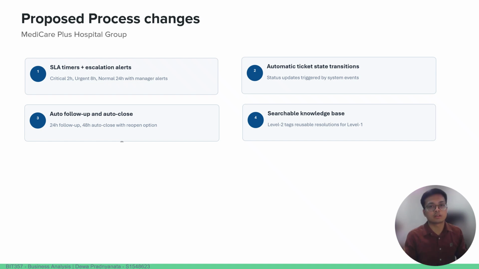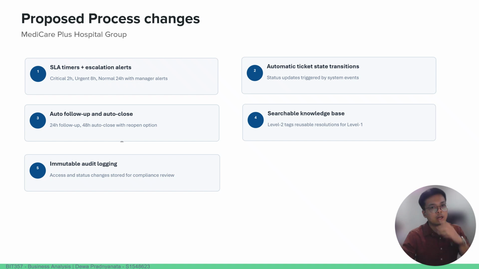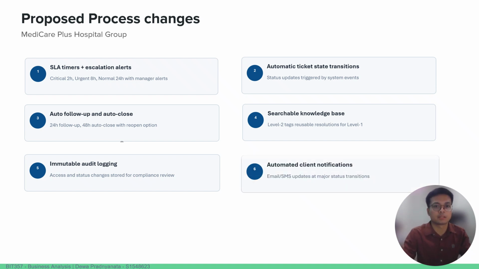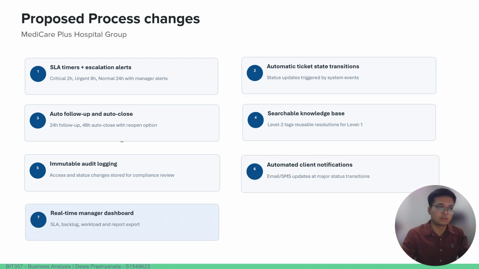For the fourth one, a searchable knowledge base should help level 1 staff. And finally, the system should include immutable audit logs, automated client notification, and a real-time manager dashboard.